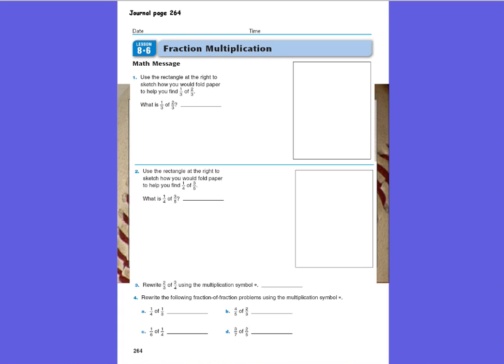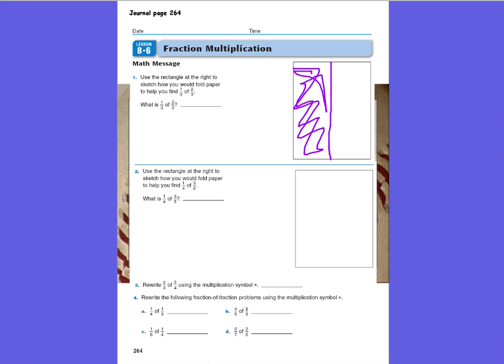All right, your math message, which is on page 264, is talking about using the folding paper, or yesterday, instead of demonstrating folding paper, we were drawing on the boxes. So let's first start by doing a half here, because we're doing half of 2/3. I'm coloring it in because that is a half.